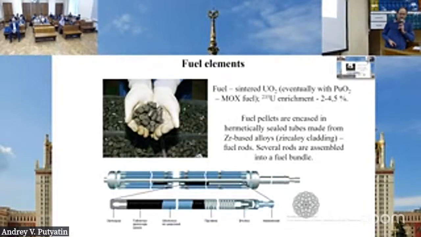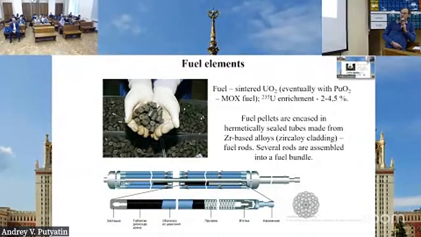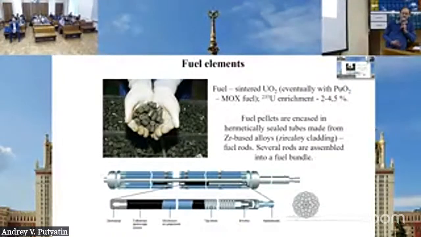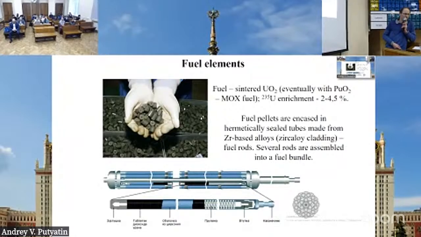So just a brief reminder, of course, you know this already from this school, and most likely you knew it before. So commonly, the fuel in modern power reactors is made from sintered uranium dioxide, even sometimes mixed with plutonium dioxide, making MOX fuel, with relatively moderate enrichment in uranium-235, which is now reaching something like 4.5% or slightly higher.